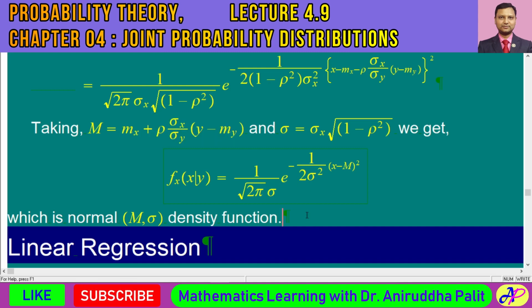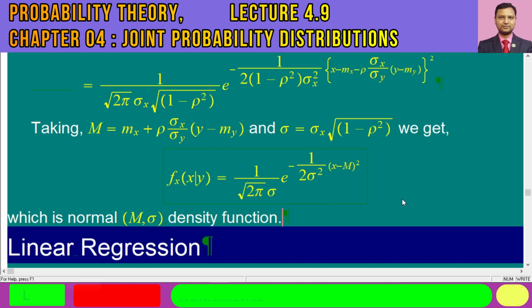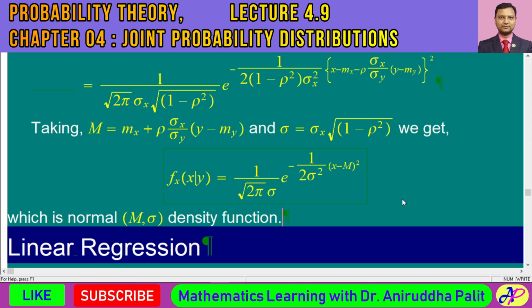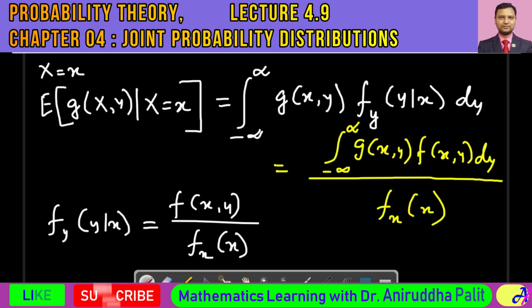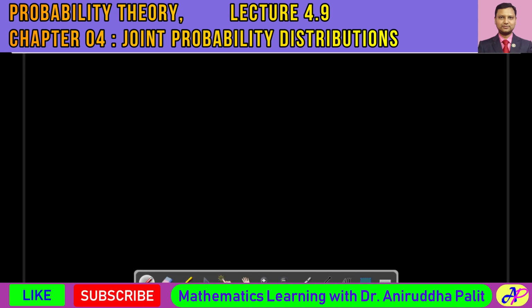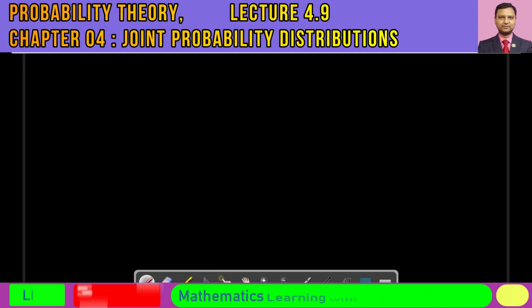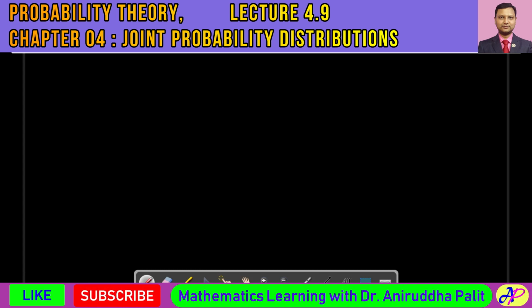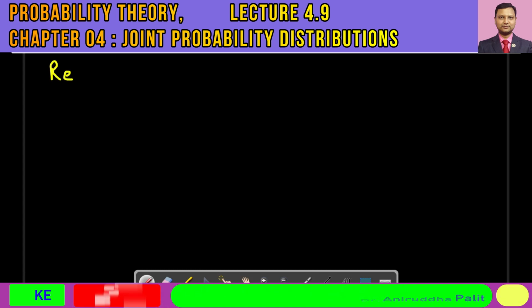In that case, we have the next idea, that is called the idea of regression curve of y on x. All right. What is this regression curve of y on x? Let me write it over here. The regression curve of y on x.